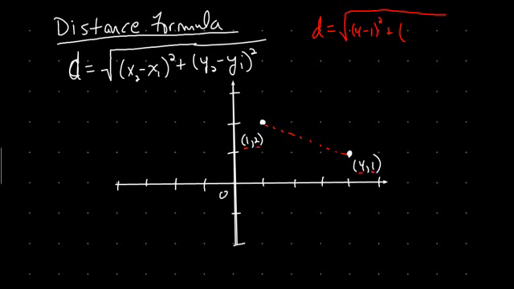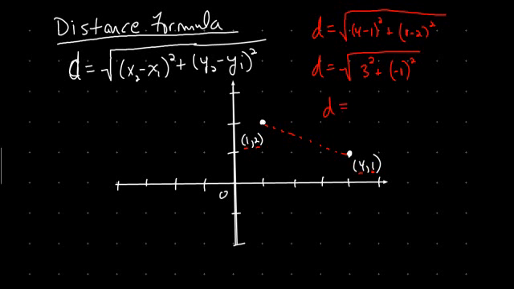That's going to be 1 minus 2. And we get that the distance equals the square root of 4 minus 1 is 3 squared plus 1 minus 2 is going to be a negative 1 squared.